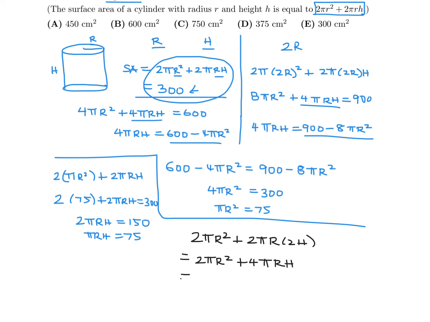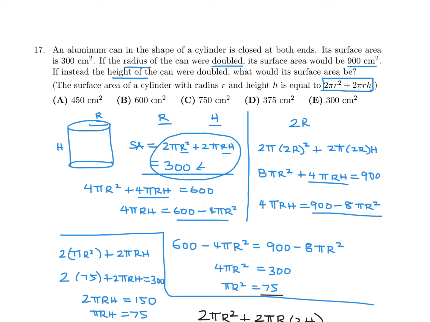Now let's see if we have pi r squared. We have up here 75, and then pi r h is right here, that's 75. So let's see, we have 6 times 75, which I believe is what? 150 plus 300, 450. Okay, 450 is the answer, and therefore number 17, that would be B.